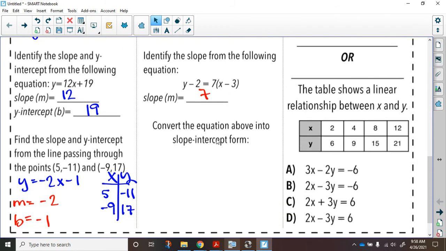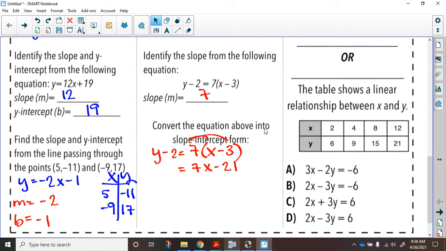And now it wants us to convert the equation above into slope-intercept form. And the easiest way to do this is to simply solve for y, or get y by itself on one side. So the first thing we have to do is distribute, and when we distribute, we multiply. So I have 7x minus 21.